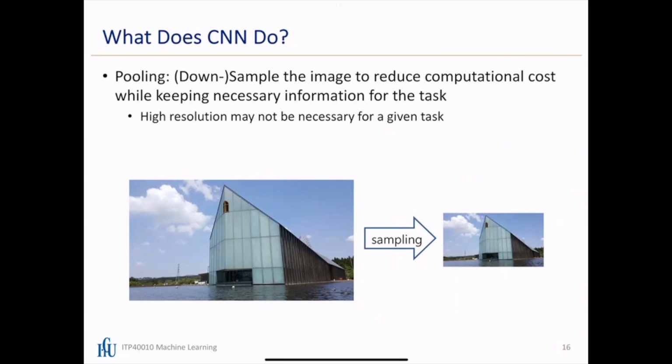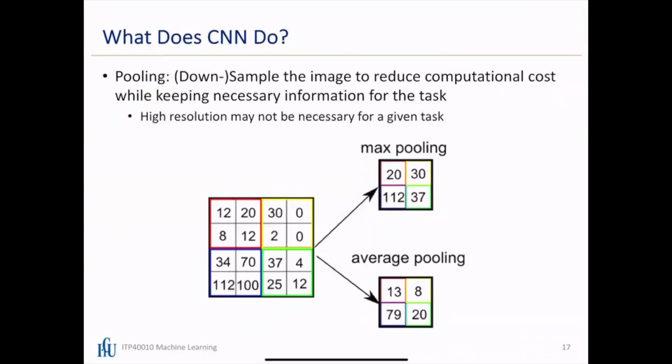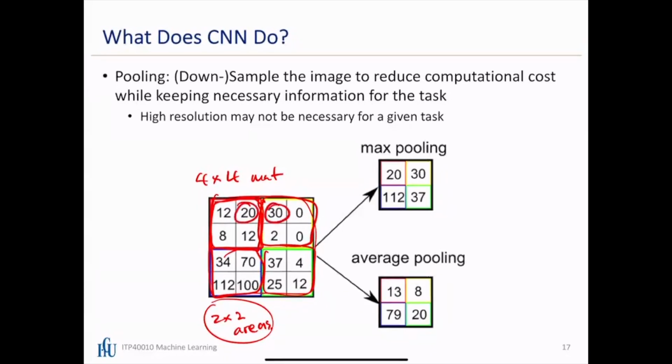At the same time, there was a pooling operator. The pooling operator is nothing but the downsampling of the input image. If you send your image to the pooling operator, your original image becomes smaller. The operation is very simple. Out of this 4x4 matrix, divide the matrix into four 2x2 areas and pick the maximum out of each: 20, 30, 112, and 37.